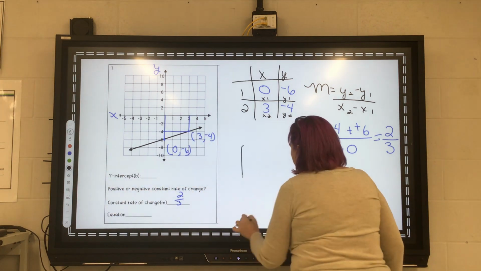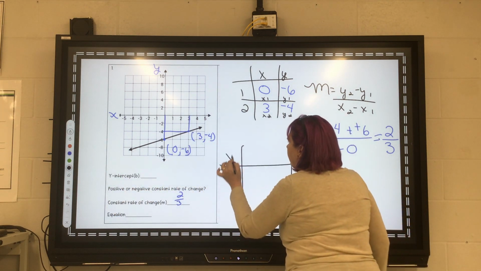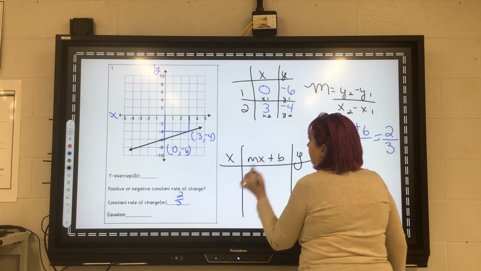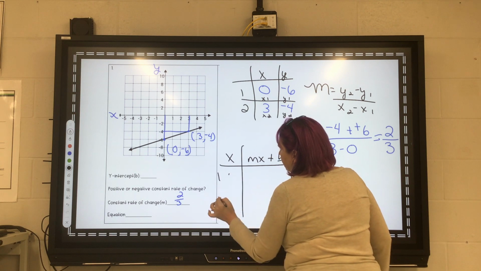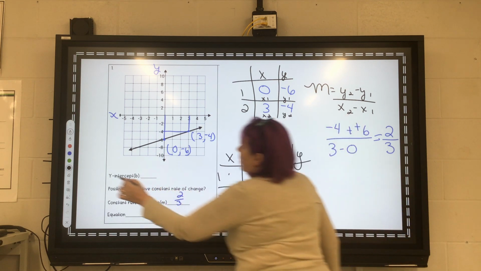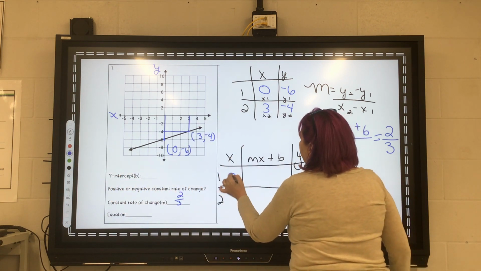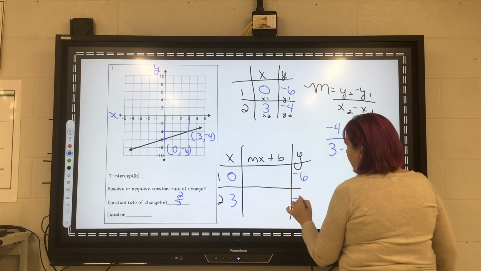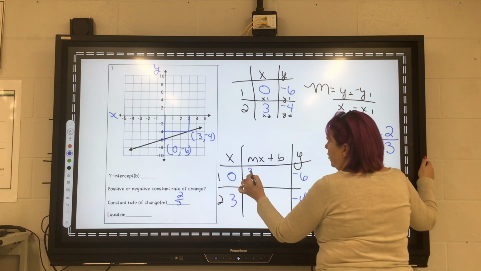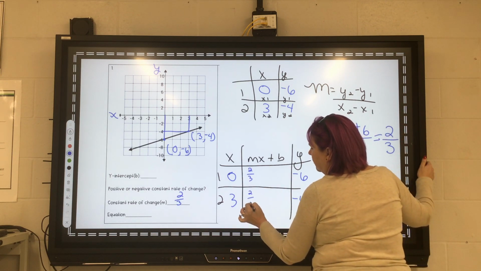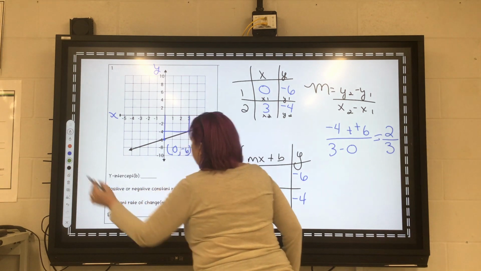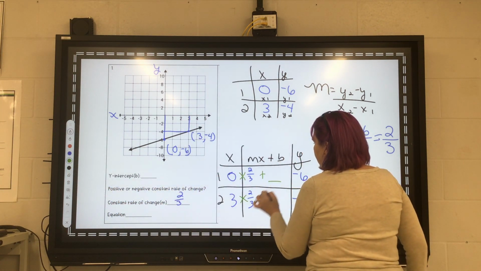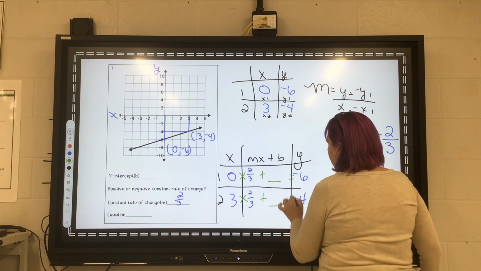Just like yesterday, we're going to do our little chart and plug in my numbers, 0, 3, -6, -4, and 2/3 times x plus b equals y.